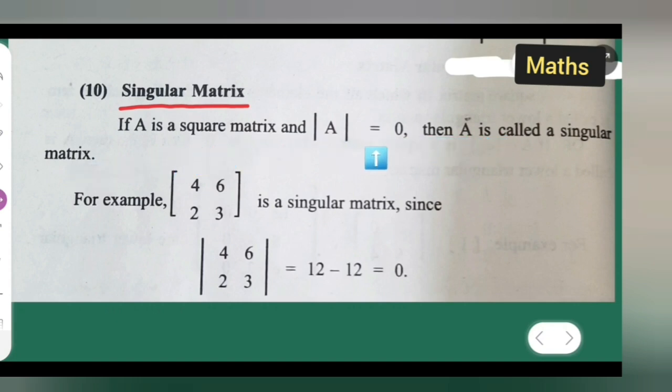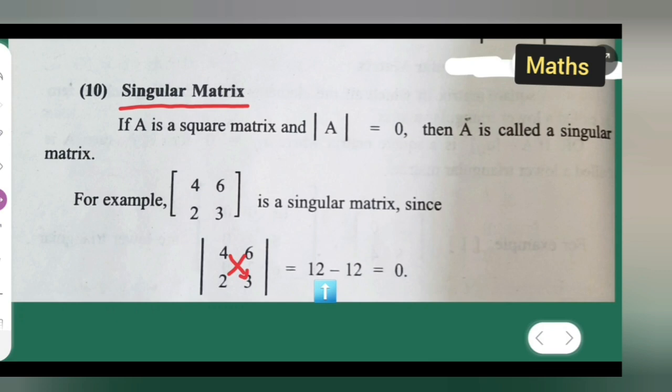Only if determinant of A is equal to 0 can you say that A is a singular matrix. For example, the matrix 4, 6, 2, 3 is a singular matrix, since the determinant of this given matrix, how do we write it? We just multiply this and this, right?